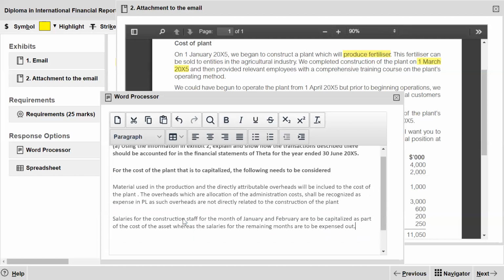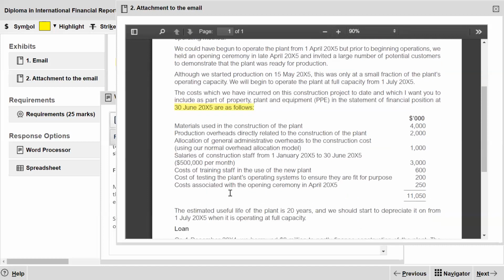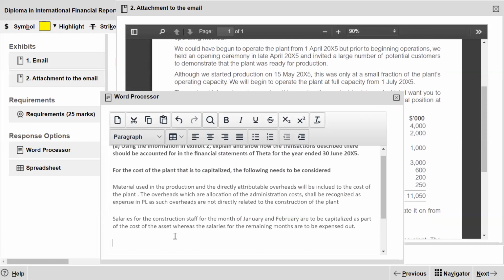Now, in addition to this, what's there? The next part of the question is that the training costs associated with the employees are part of operations and are not capitalized as cost of the property, plant, and equipment.